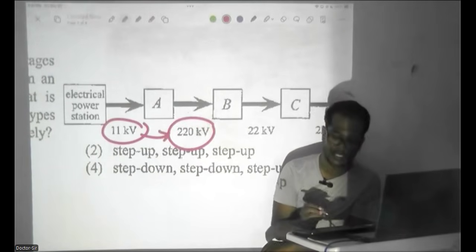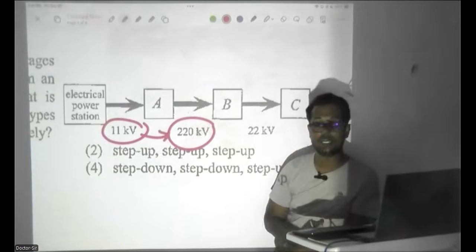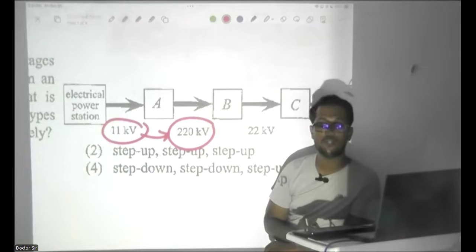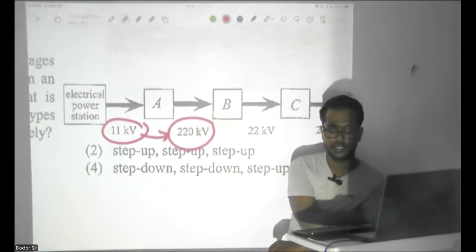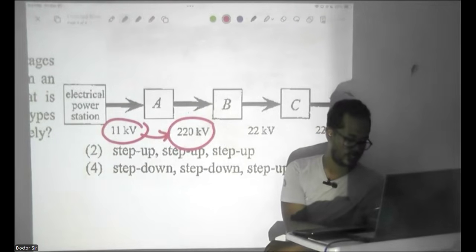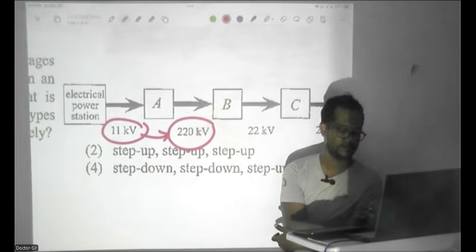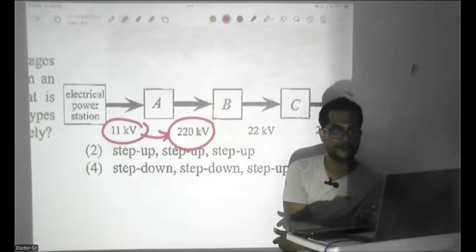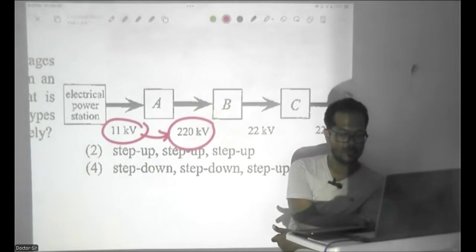It is increasing from 11 kilowatt to 220 kilowatts. So is that step up or step down? Tell me, step up or down?